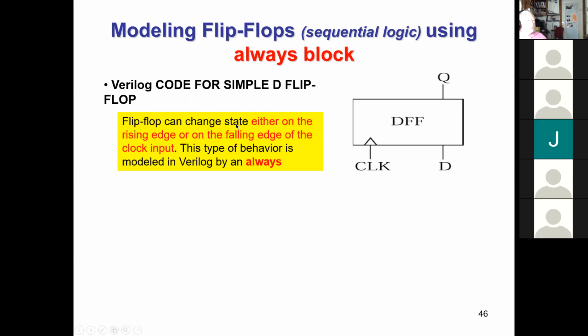Remember, the flip-flop can change state either on the rising edge or on the falling edge of the clock, but you usually have to pick one or the other. This type of behavior is modeled in Verilog by an always block. So here's your symbol. Clock, little cone means it's an edge clock. No bubble should mean it's a rising edge. Your D input and your Q output. Usually we also have a Q prime output.